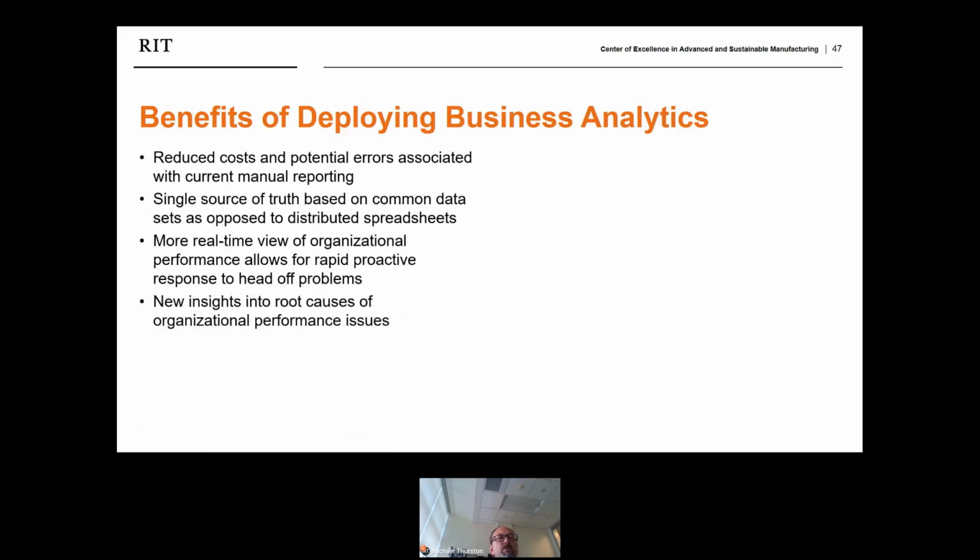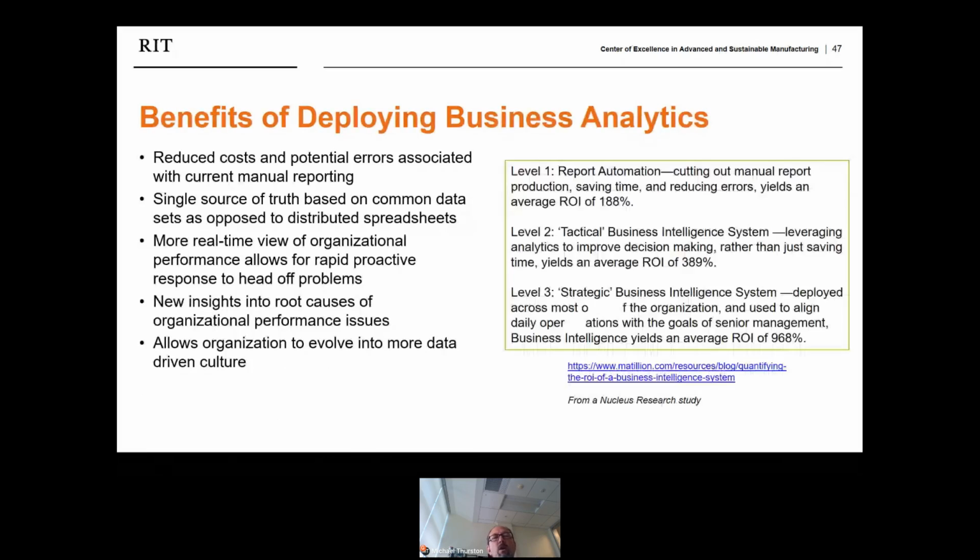New insight into root causes of organizational performance issues allows you to do some proactive work as well. And it allows your organization to evolve into a more data-driven culture that hopefully expands and multiplies these benefits into the future. So those are not quantitative.